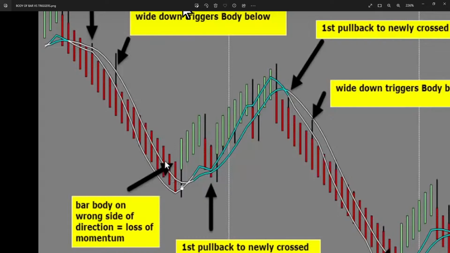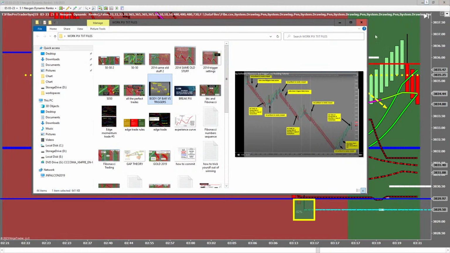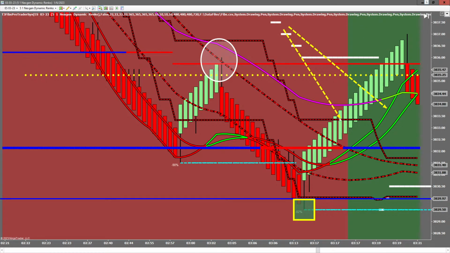And when you guys are going through our rules and our continuation trades, what's the rule for a continuation? You've got to have the small triggers going down to continue the trend. So watch this. After you hit a fib and the price gets above all the triggers, you're not going short, even if you think it's going down.